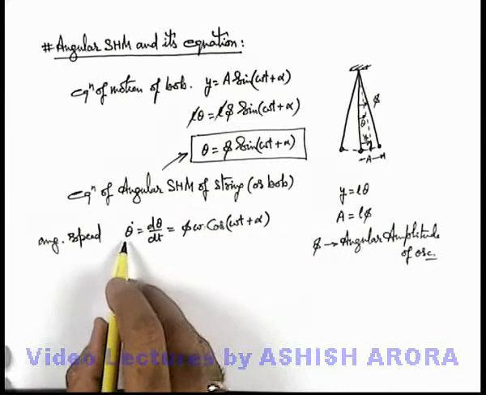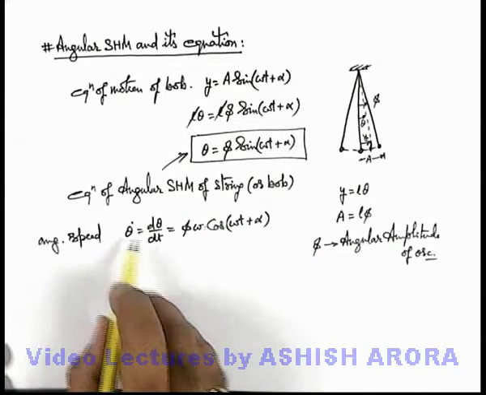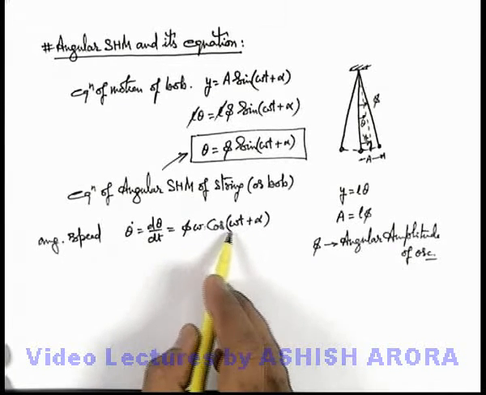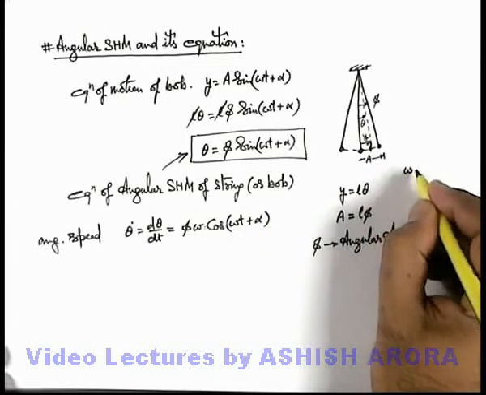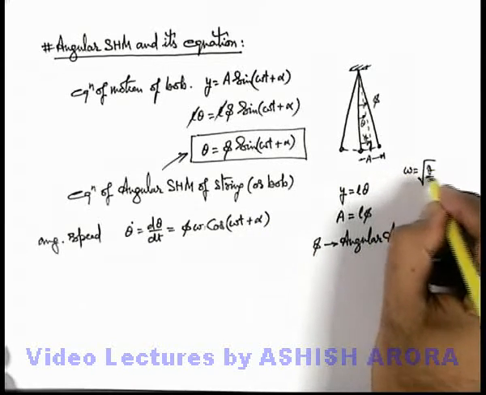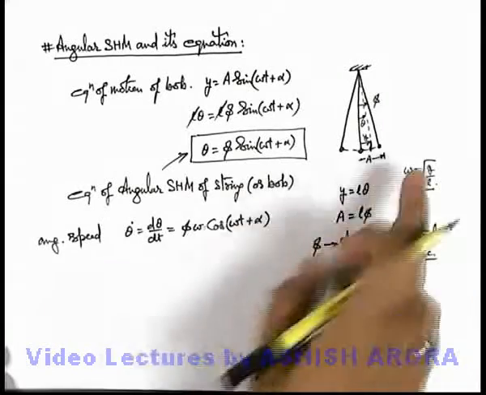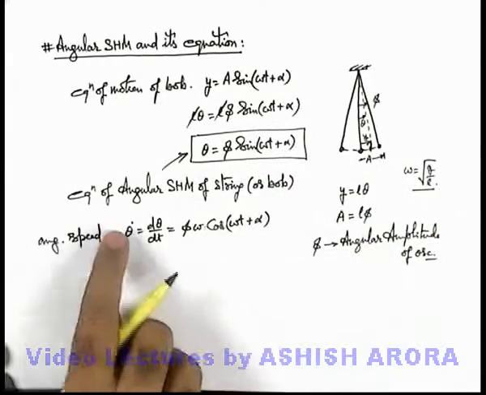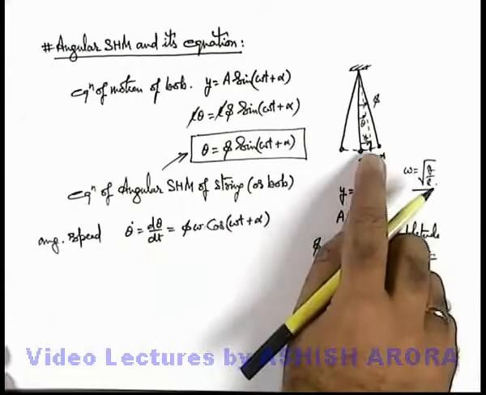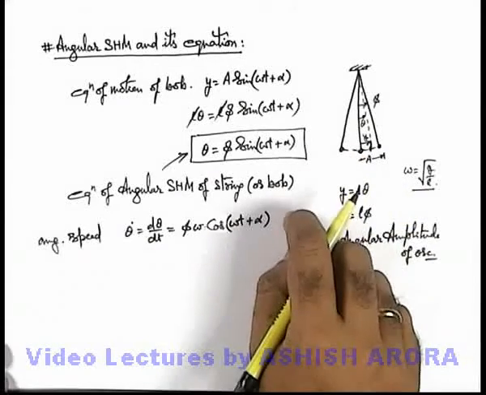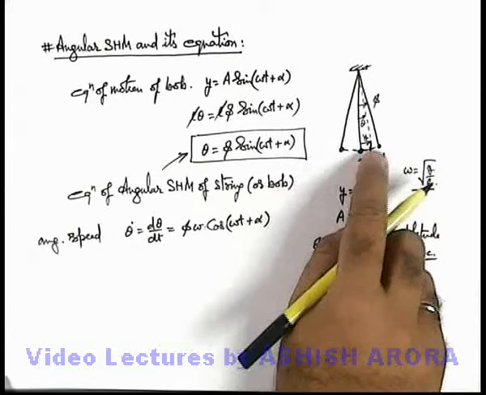Here angular speed we are not denoting by omega, as omega symbol we already reserved for angular frequency of SHM, and here the value of omega is given as root of g by L, which remains constant during oscillation. And here this theta dot, or angular speed of bob, is basically the radian per second rate at which the bob is oscillating.